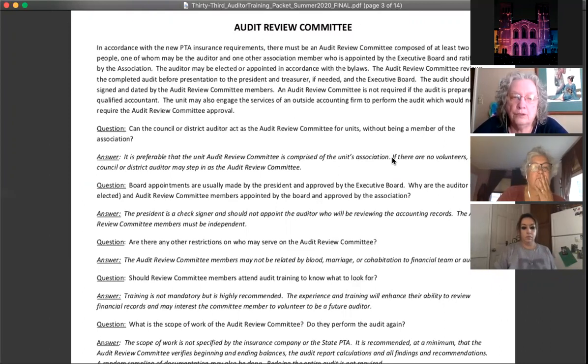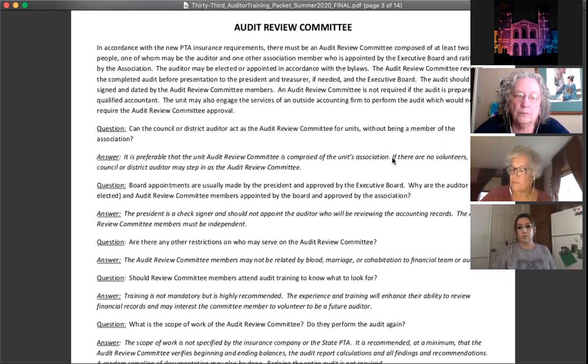These are questions that came up while we were trying to implement this. We've studied this a lot because the insurance company did not specify other than what I just read. They didn't specify the scope of work or who should be on the review committee, people that they feel are qualified. But the qualified accountant is the auditor that has training in auditing, has done the job as a CPA, preferably in the public sector.